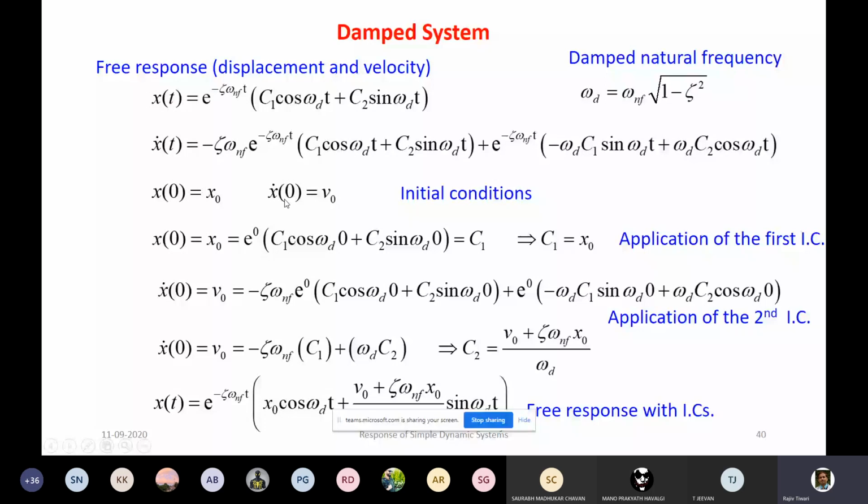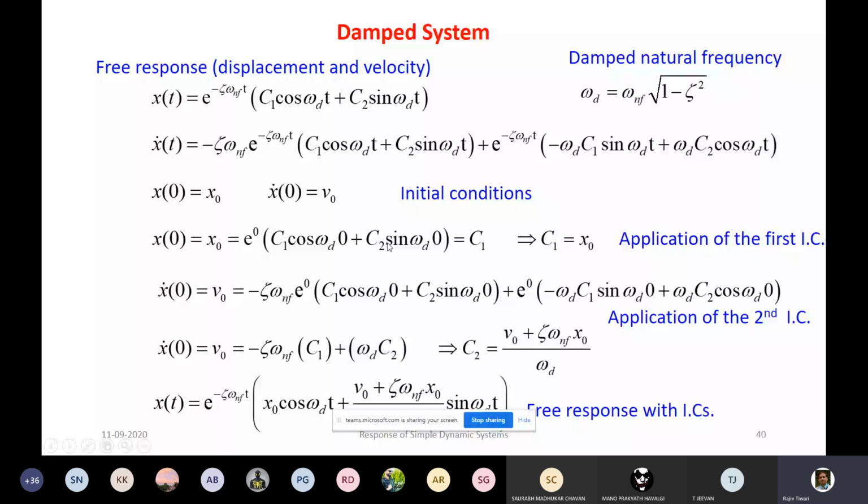So if we differentiate the first with respect to time, we will get the long expression. We are able to do it. So this is the differentiation of the first. Now I can substitute the initial conditions. This is for displacement in the first expression.